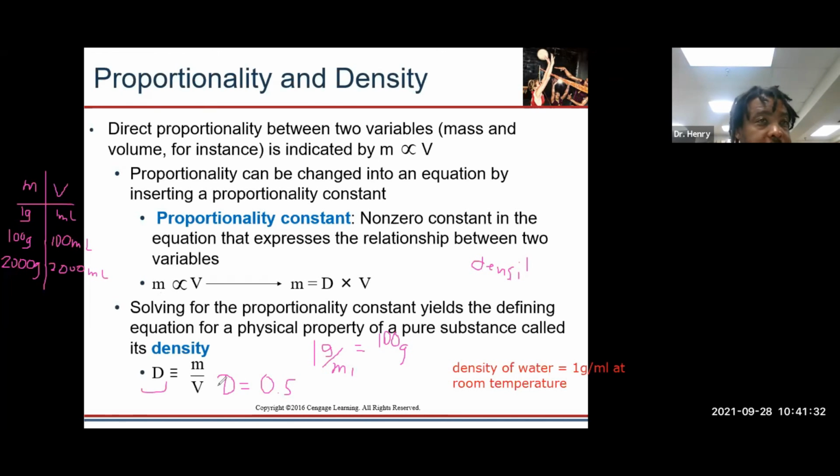So if my density is equal to 0.5, then let's solve for V, right? So density is 0.5, then my mass over density is going to equal my volume, right?